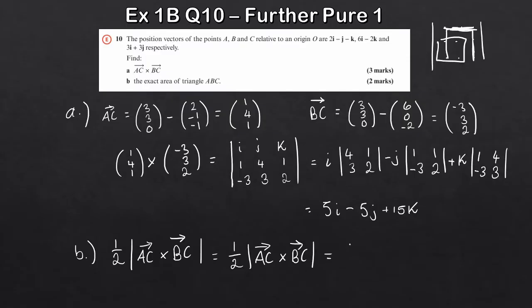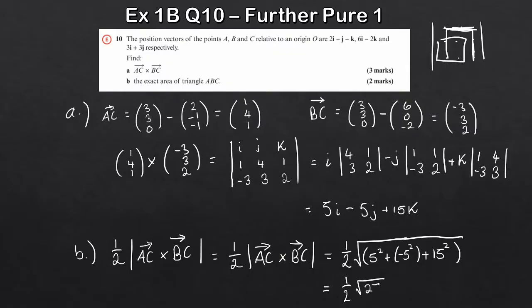So if we do this on our calculator, it's going to be a half times the square root of 5 squared, because it's 5i, plus minus 5 squared plus 15 squared. Like so. Okay. And because it's the exact area, I want to keep this as a square root. So this is going to be a half. Put all this on your calculator, and this works out as square root of 275.